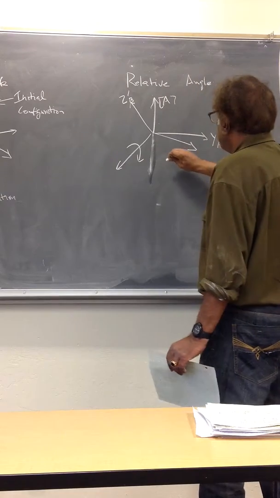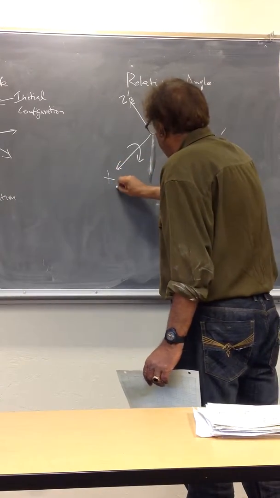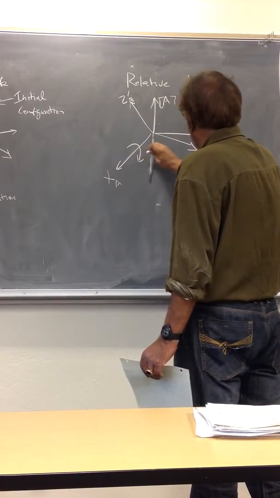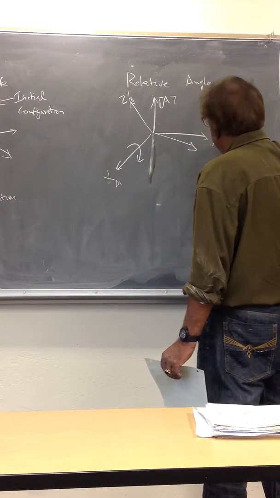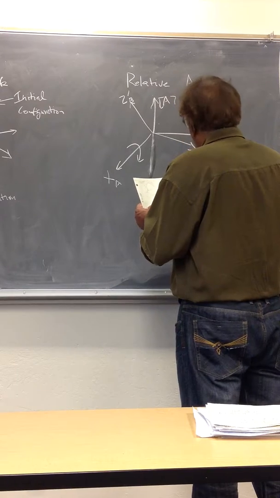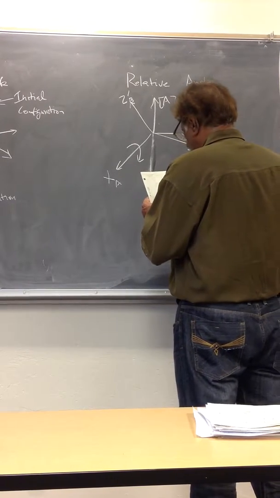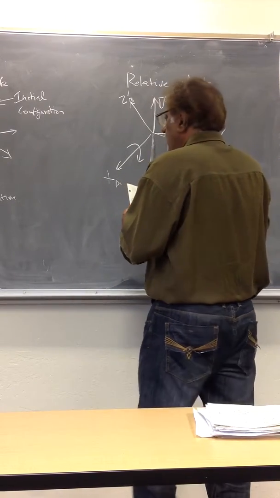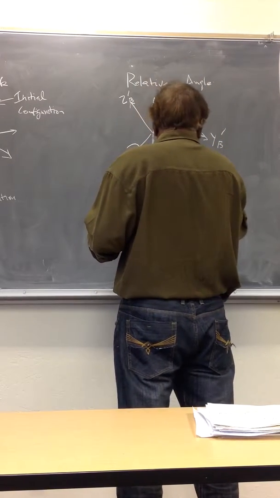So that means that this is your axis XA, and if you rotate about XA, you get YB prime and ZB prime, right? And this also gives you 12 combinations here.